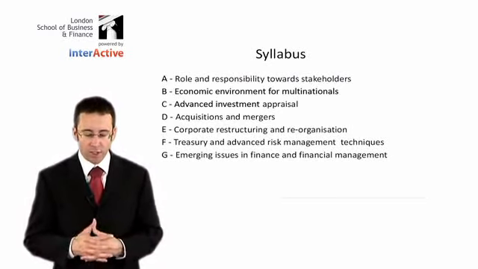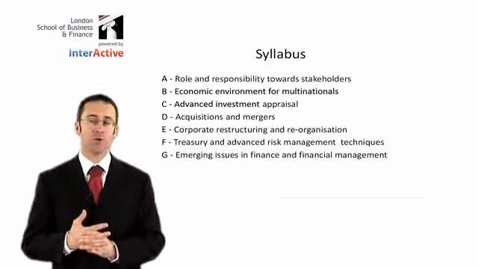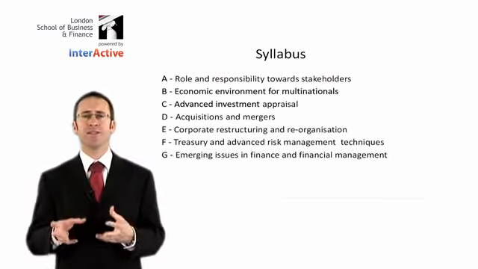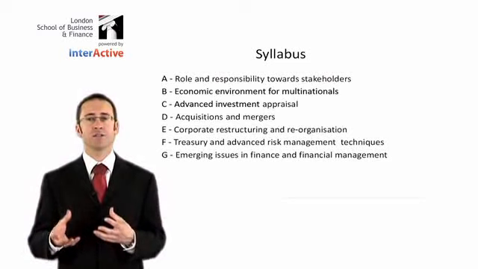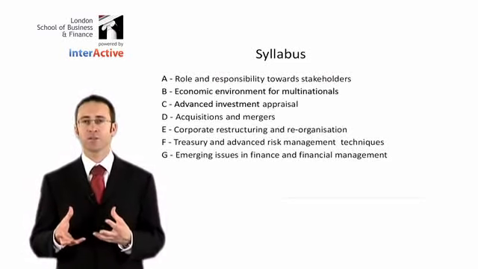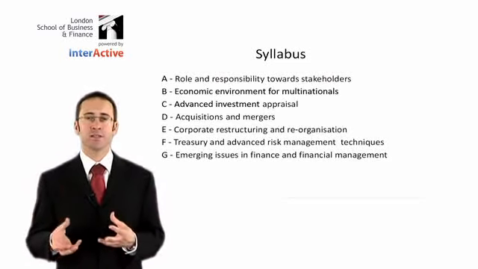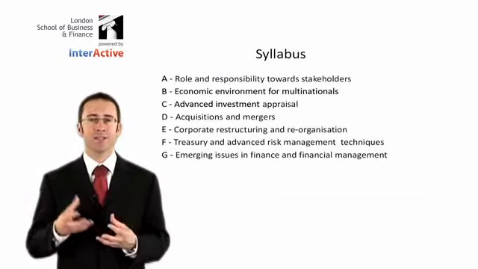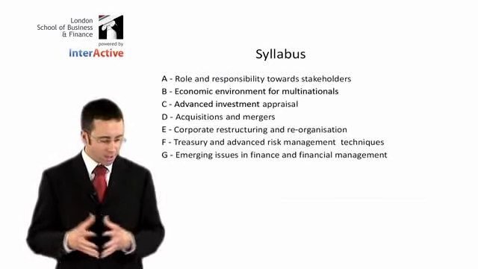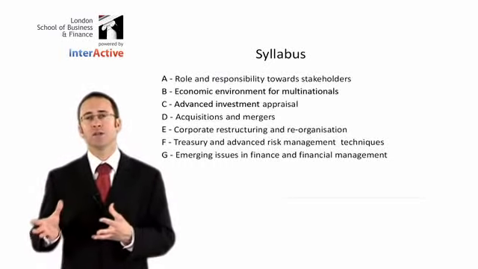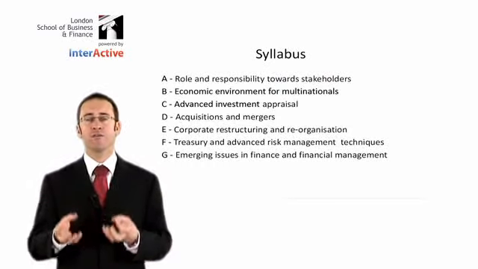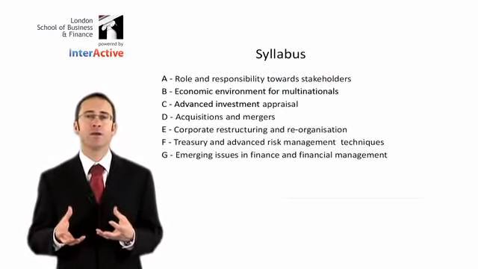So the first one is the role and responsibility towards your stakeholders. Again, this takes a lot of your F9 knowledge that you've brought forward and then just applies it to more complex scenarios. It starts bringing in other aspects in terms of your sustainability and your economic risk. It also starts thinking about your ethical issues, a lot of which is brought forward from P1.